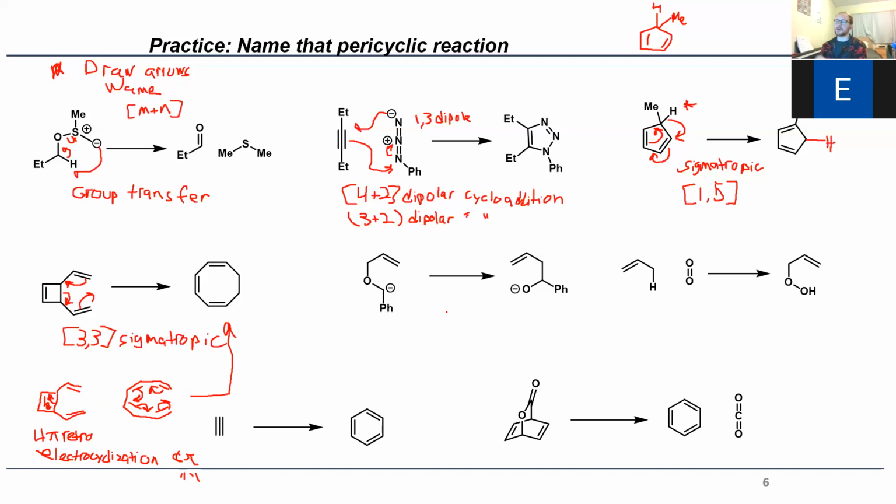And then this next one is indeed a sigmatropic rearrangement. Does anyone have the numbering for it? 2,3, correct. And so in this case, we see that our group that is migrating is 2, and it's migrating across 3 atoms.